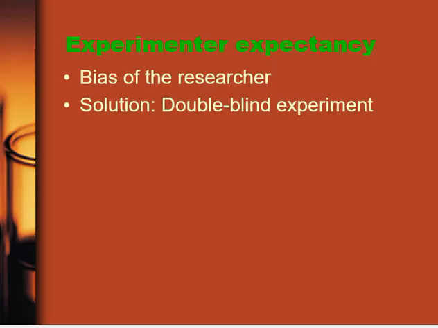Obviously, you can tell if someone is having a hallucinogenic. So he knows, even though there's an actual drug and there's a placebo, he as a researcher knows which one the participants got. So due to the nature of the drug that they're studying, he is not able to fully control for experimenter expectancy.